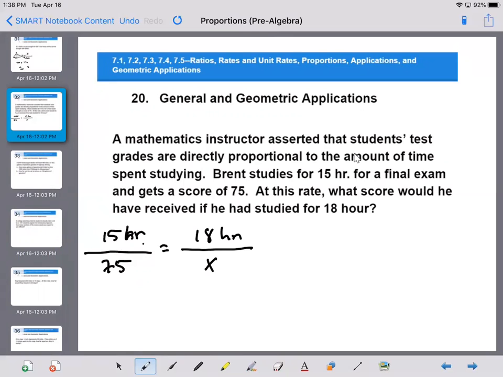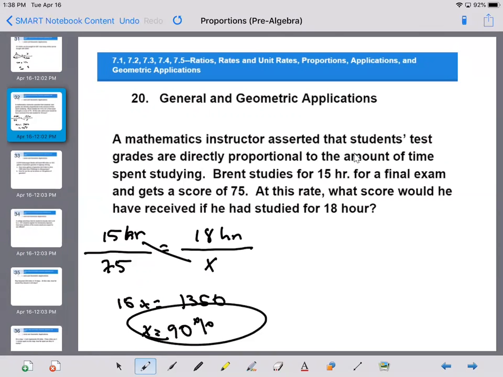And so we can do 15 times x is 15x. And 75 times 18 is 1,350. And when we divide that by 15, we would see that if it was proportional, Brent would have got a 90% if he had just studied 3 hours longer.